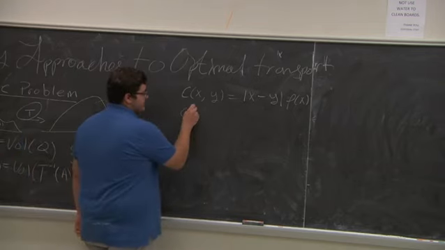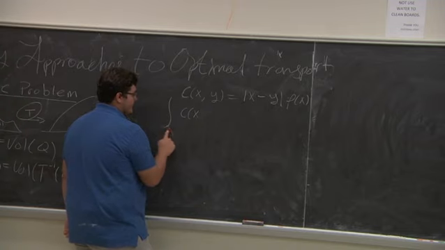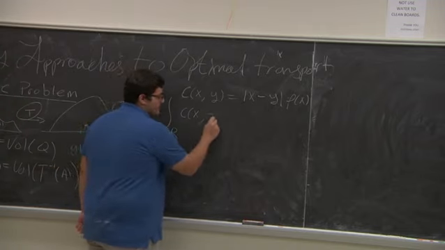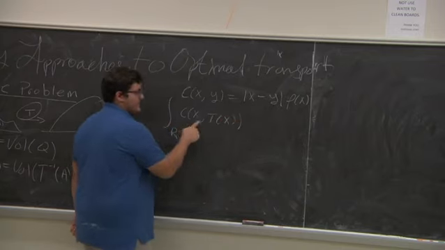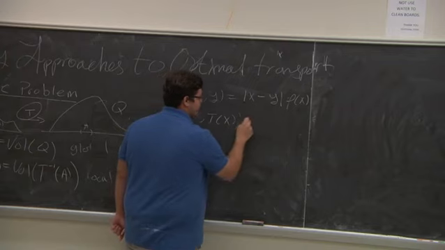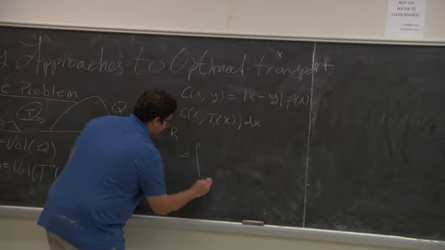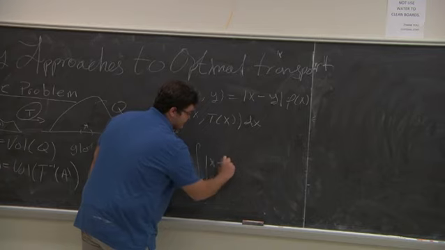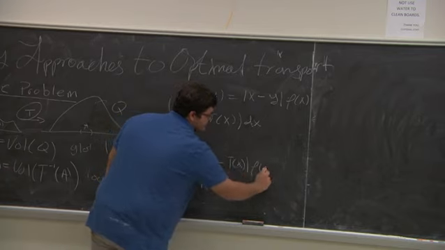So another way of saying this is, we want the integral over all of our set R of the cost of x and T of x, with respect to x of course, which is equal to the integral over our set R of x minus T of x, rho of x.